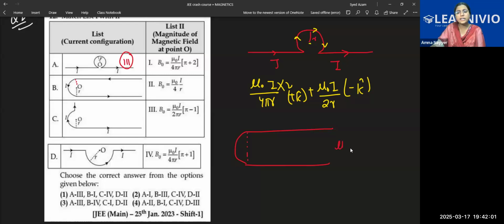Again, it will be mu naught I by 4 pi a. You multiply it with 2. And for the direction, look, the current is downwards, and both of them are outwards. So this is k cap, multiplied with 2 for both the wires. For the semicircle, this is mu naught I by 4r.